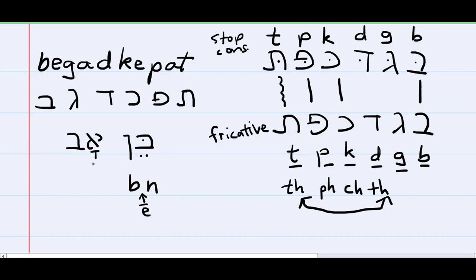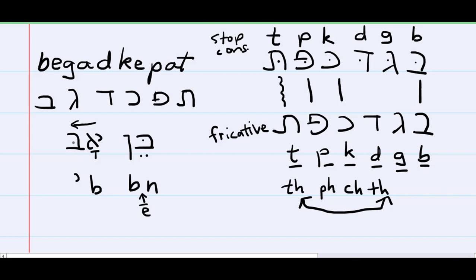Over here I have av, and the first consonant is the aleph. Remember, we're reading from right to left, so this is going to be the apostrophe-looking thing. Remember, apostrophes are also written up higher, and the aleph is written up a little bit higher, and then the bet.